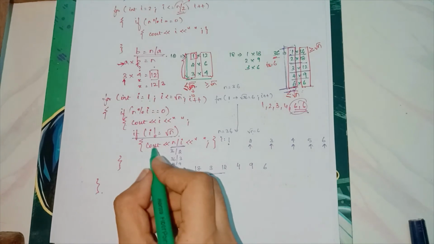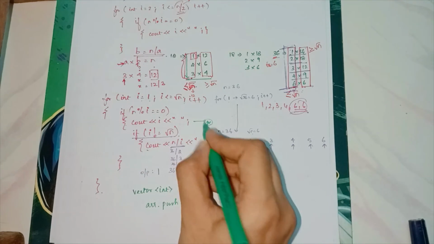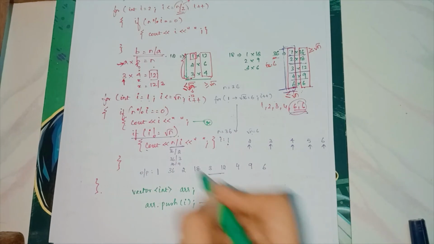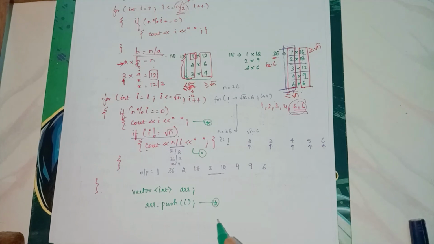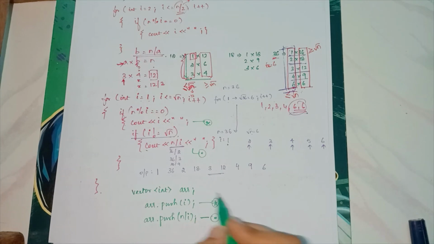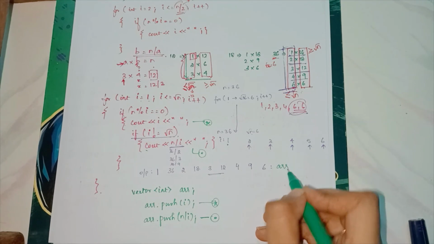Instead of this dot, I can give arr dot push_back of n by i. So everything gets pushed in this array.